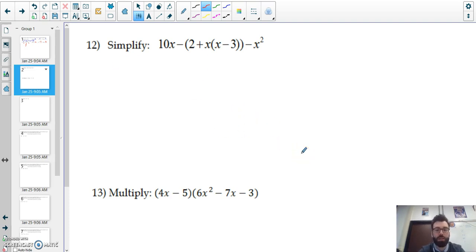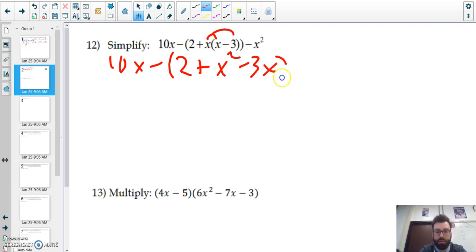So what I want to do here, this is PEMDAS. I want to think about my order of operations. I want to attack the parentheses first, so I'm going to distribute my x here, and I'm going to leave this set of parentheses right there. So x times x gives me x squared minus 3x, close it, minus x squared.